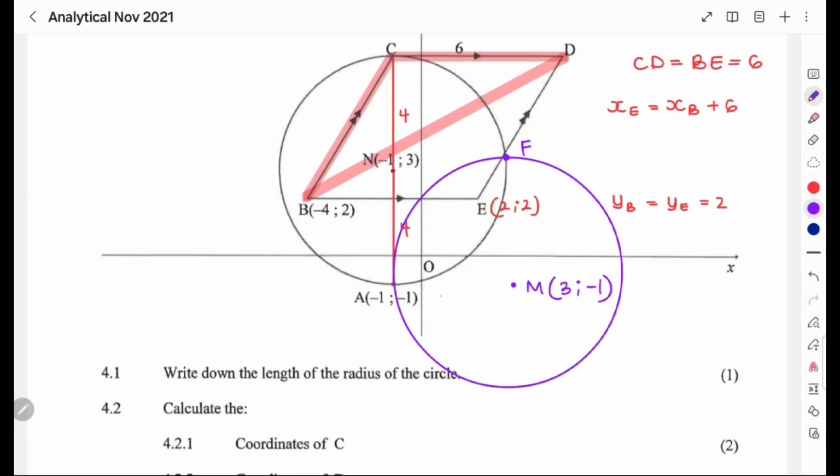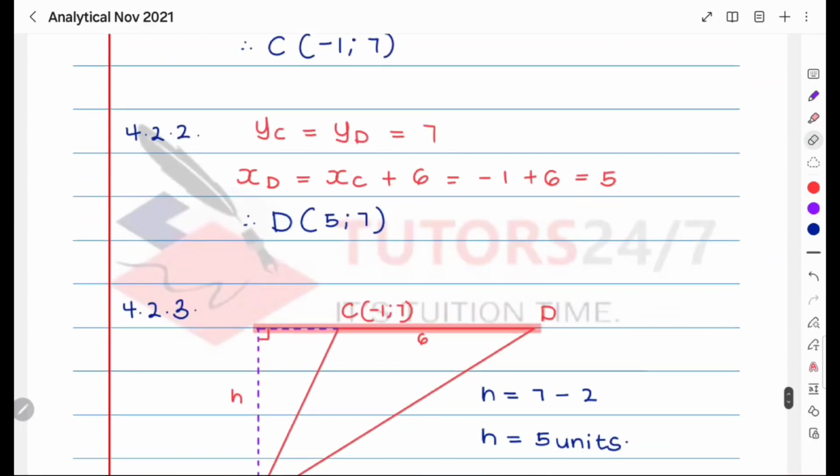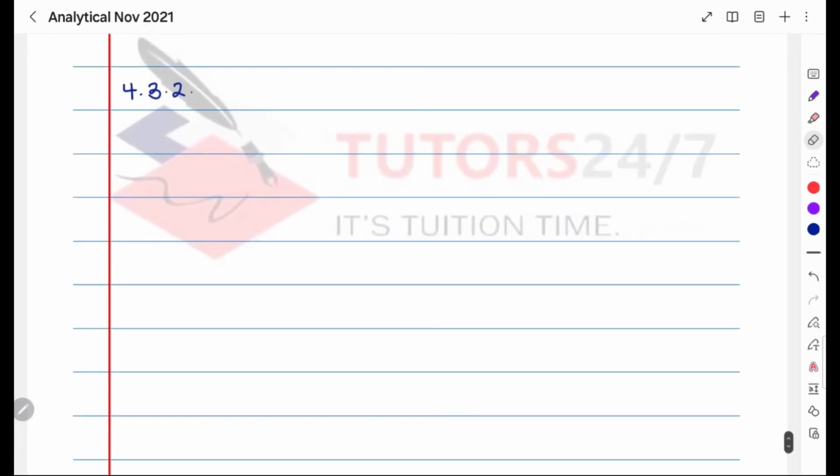Something important to take a note of is that F has the same y value as N, and A has the same x value as N, meaning that this is going to form a right-angled triangle. So let's just sketch this quickly.